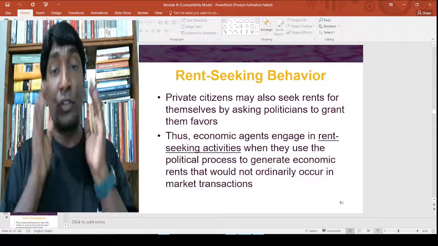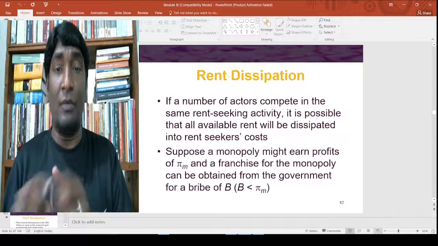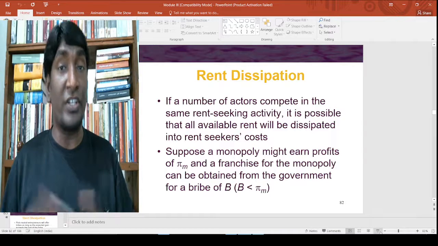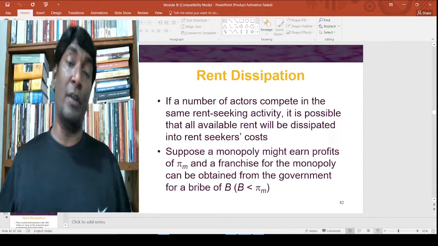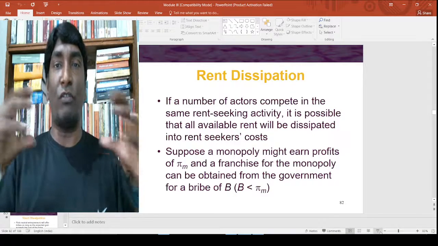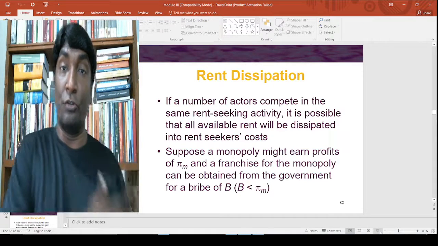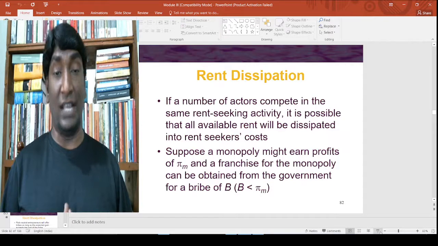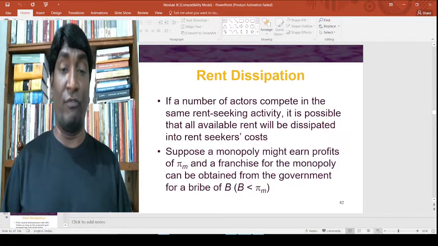Once you have this, we can resolve many of the inefficiencies in the market. This democratic discussion brings down the inefficiencies which may cause harm to private citizens or even to the society as such. So this is a very interesting way of looking at the problem.